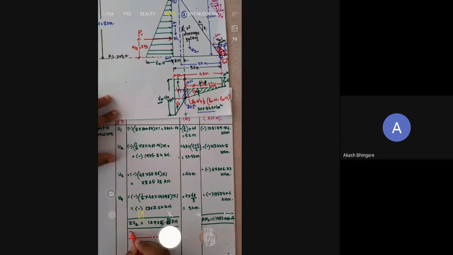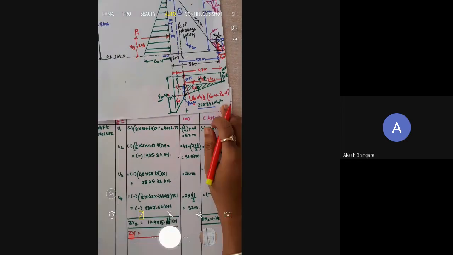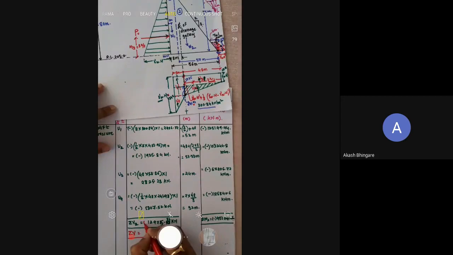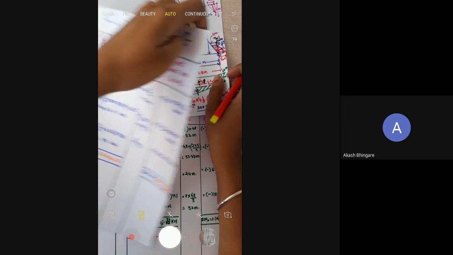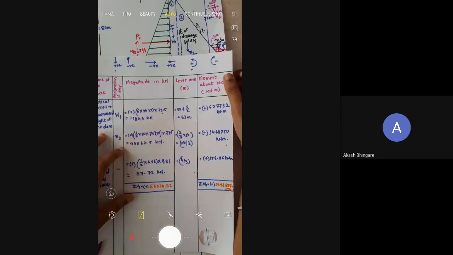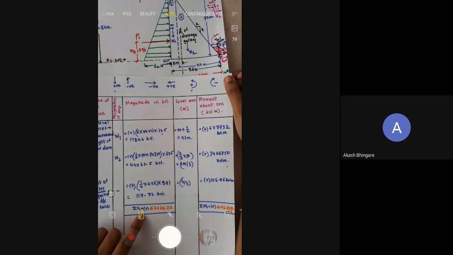Now the total vertical force, if we work out summation V, this value of V that you have got is negative. Earlier there was a vertically downward force, summation V1, the earlier value was known to us.